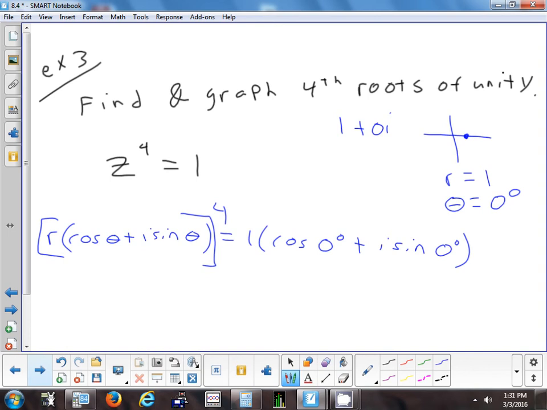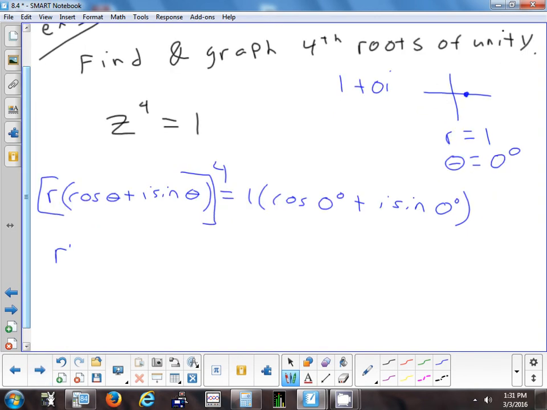Anybody tell me what I get when I do out that to the 4th power? r to the 4th. Yep. Cosine 4 theta plus i sine 4 theta. Yes. So r to the 4th cosine 4 theta plus i sine 4 theta.